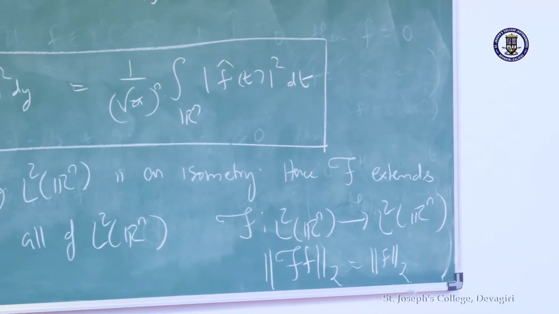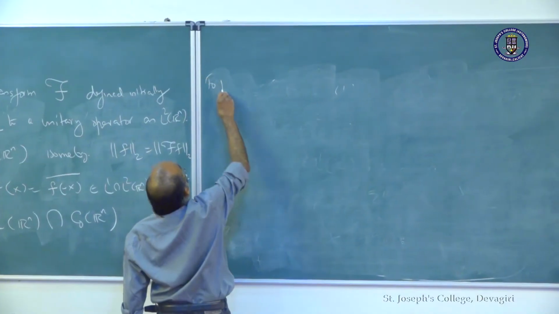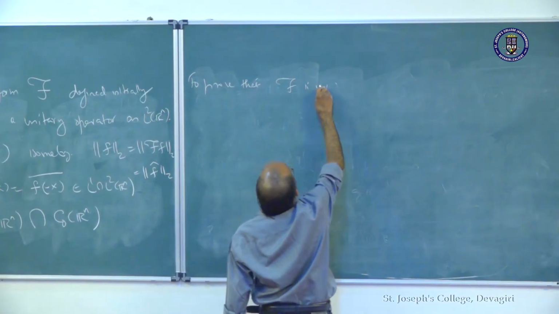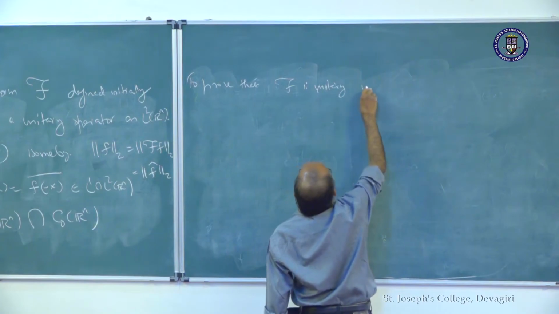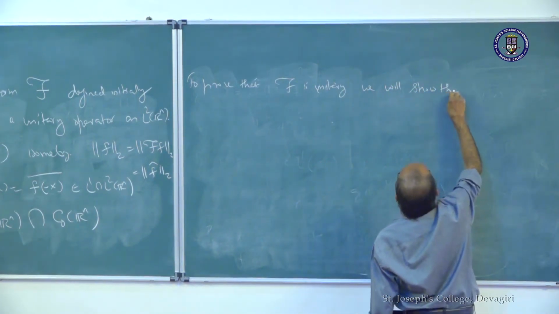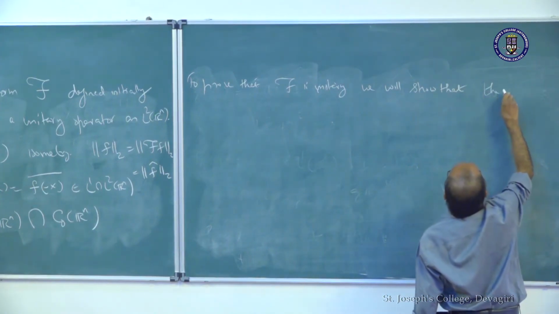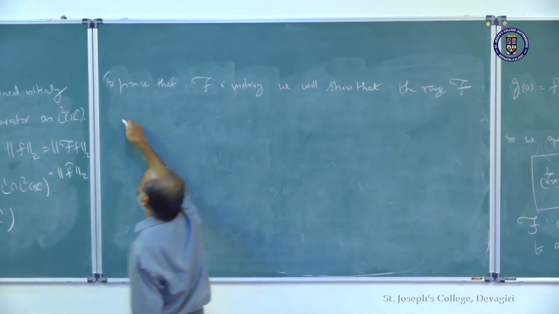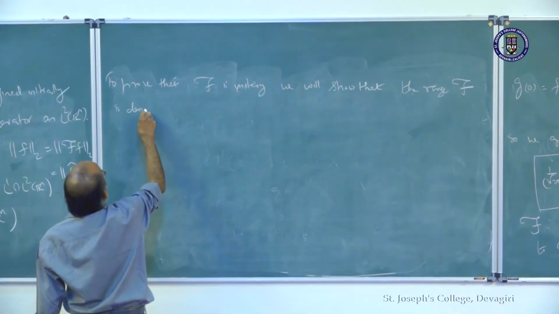So, to prove that script f is unitary, we will show that the range of script f is dense.